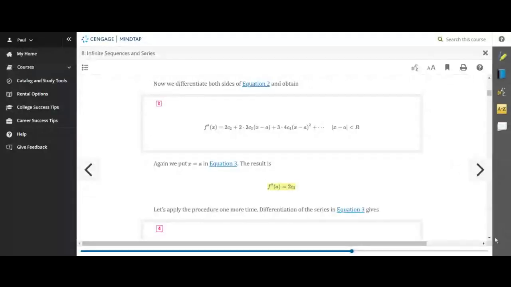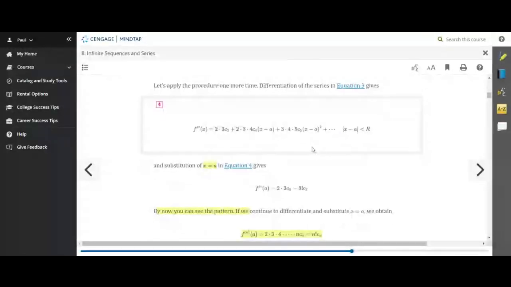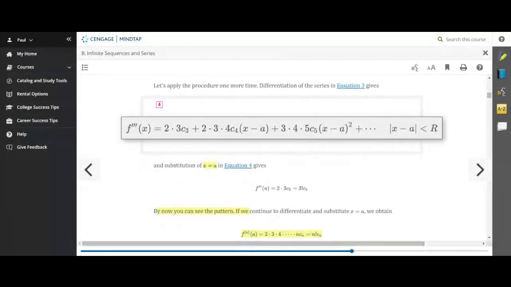That's what you're doing here. You can see, based on the third derivative, how the factorials get involved with those coefficients as you continually take derivatives.